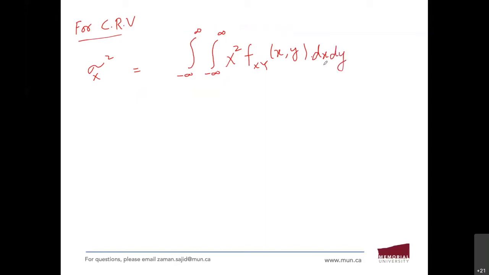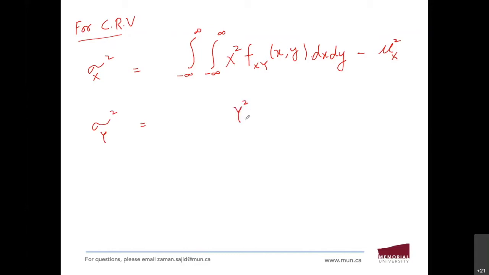Now, similar to the previous, we subtract the square of our mu value. And because we are talking about the x variable, it will be for x. Now, similarly, I can write it down for y. I have y square values.